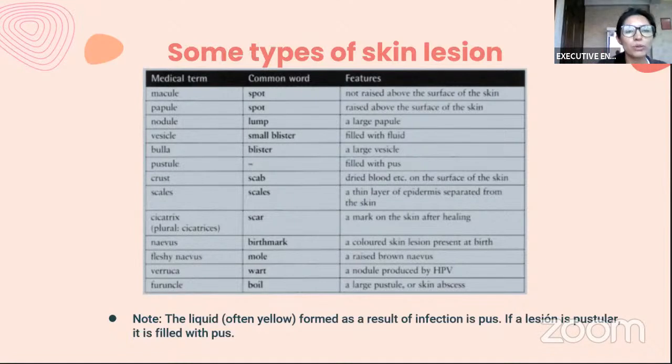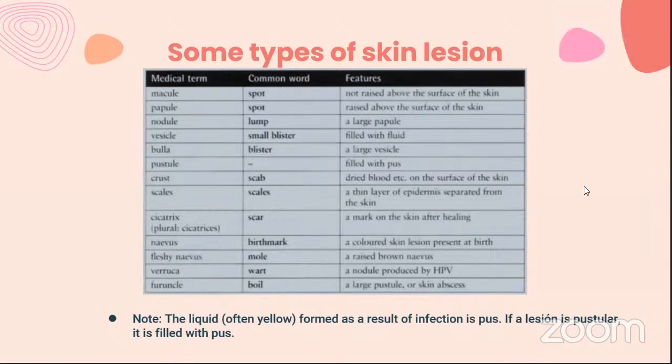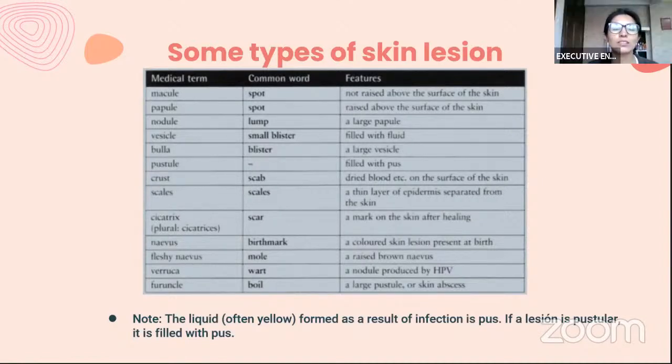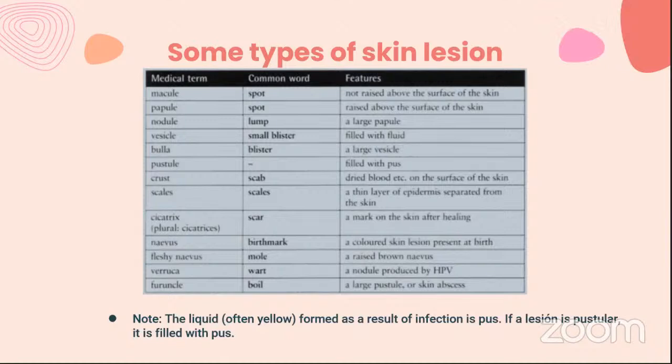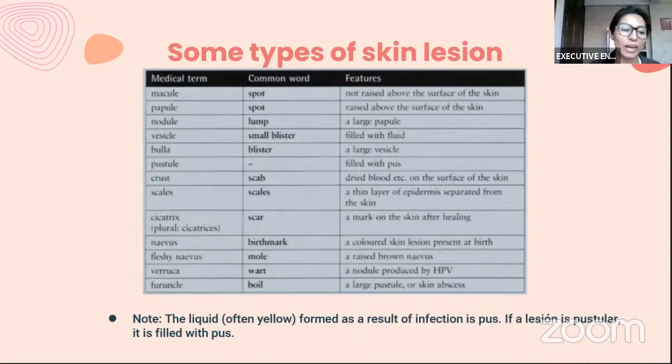Okay, I don't know if you have any other question. Well, I was looking on the internet for the common word of bulla, a blister, and I found it: ampolla. Okay, so I think that makes sense because the feature says a large vesicle. Yes, right.